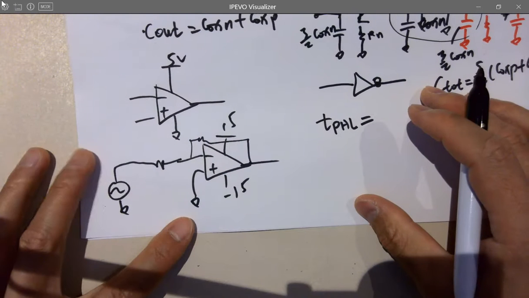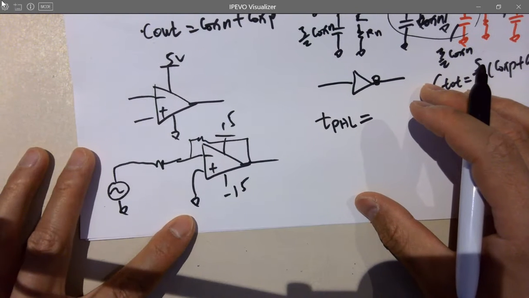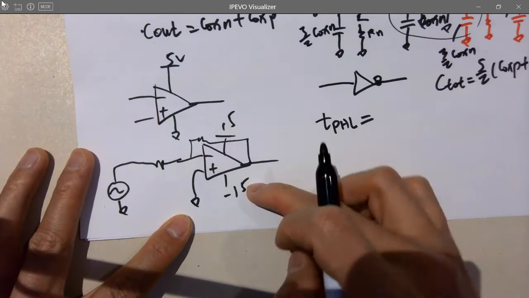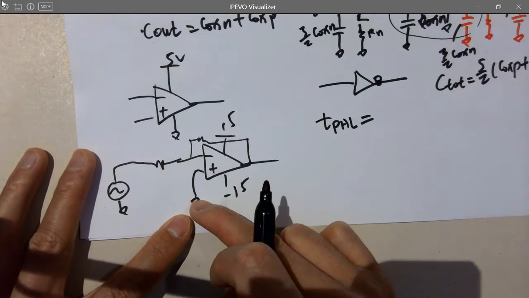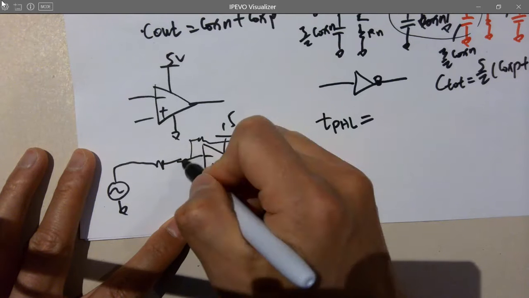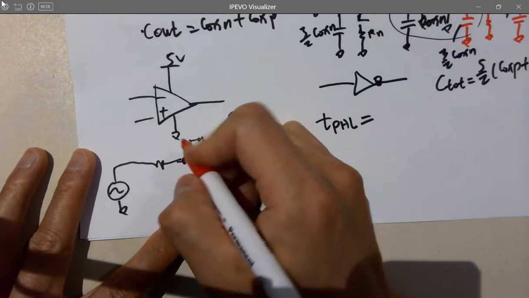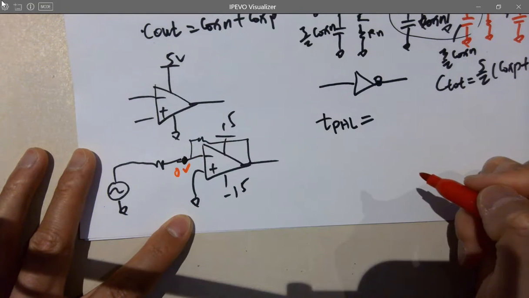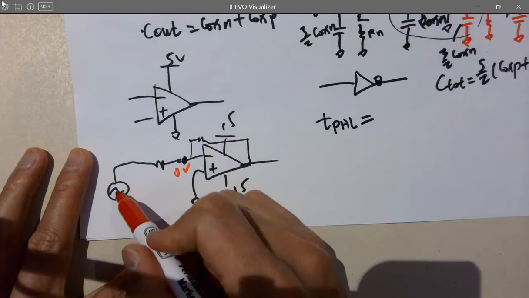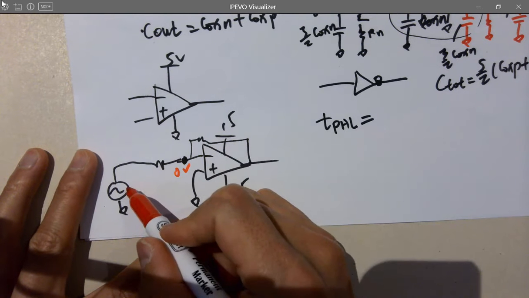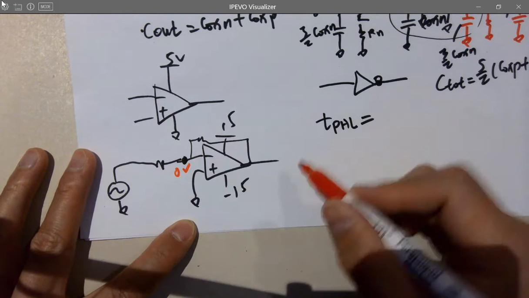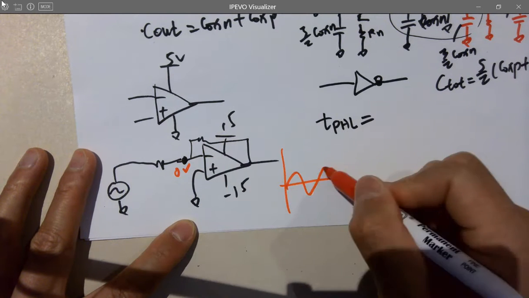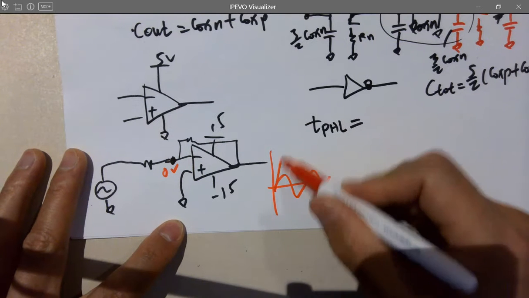Does that work? Yes, 15, minus 15, grounded. It's a virtual short. So what's the voltage here? This voltage will swing around there like that. If you amplify it, it's going to be like this.